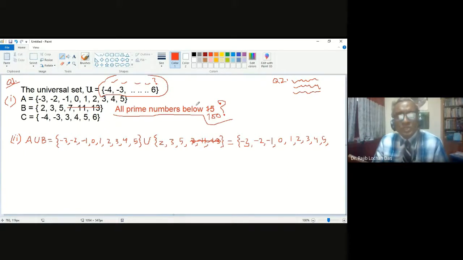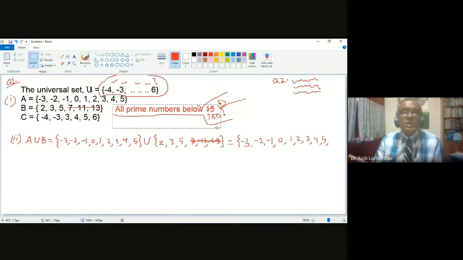So the question is all right. If I write below 15, this is fine, no problem. Below 15 is written, but still you cannot take 7, 11, 13. Only 2, 3, 5 are taken, all below 15. So there is nothing wrong. Is that okay now? Yes, sir.